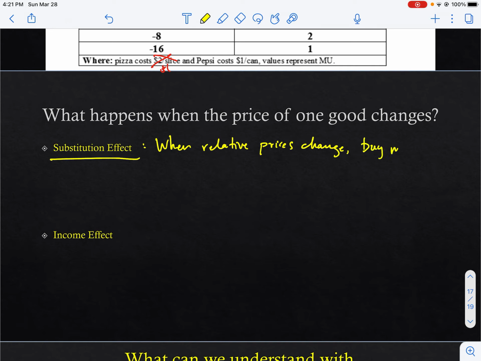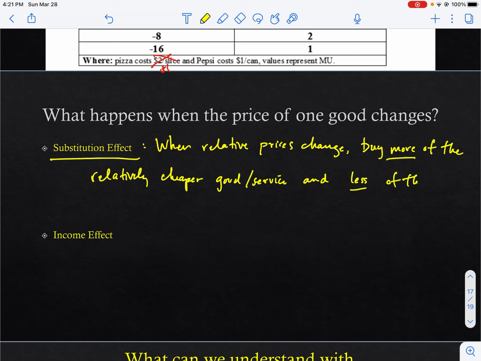So we're going to say buy more of the relatively cheaper good or service and less of the relatively more expensive good or service.